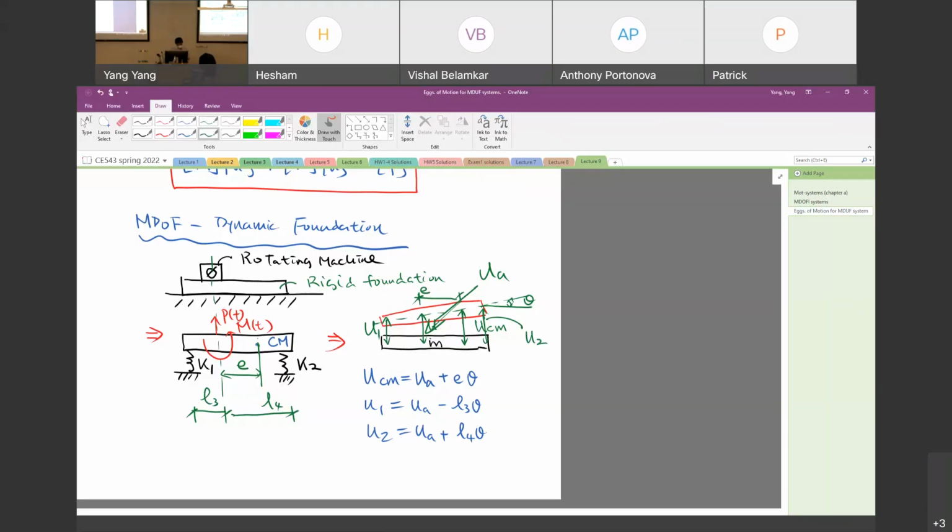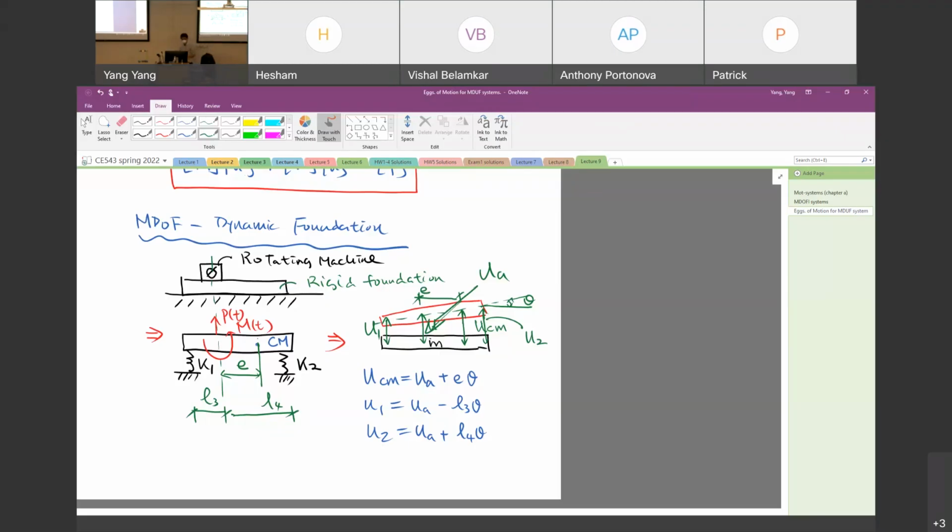In this case, as you can see here, because the foundation is rigid, we only need to consider the displacement of the foundation where the machine is and the rotation of the foundation here.